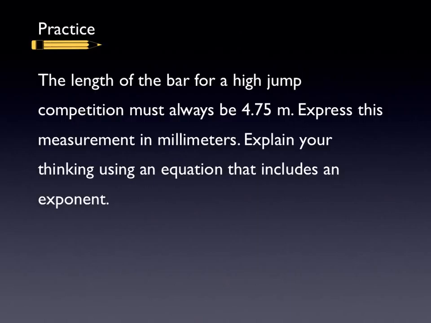All right, problem solving. The length of the bar for a high jump competition must always be 4 75/100 meters. Express this measurement in millimeters. Explain your thinking using an equation that includes an exponent. So let's go back to our mnemonic. King Henry died unexpectedly drinking chocolate milk. We start at meters and we're going to go to millimeters, 1, 2, 3.